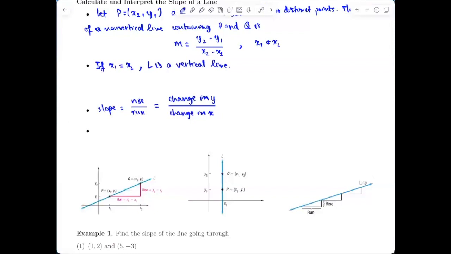All right, so usually we use notation to describe mathematics. For the slope, we use the letter m by convention. The change in y, we usually describe with delta y, and the change in x with delta x. So here the notation is delta y over delta x.